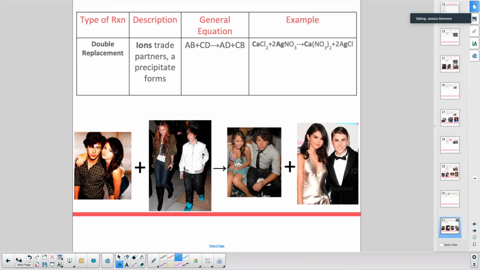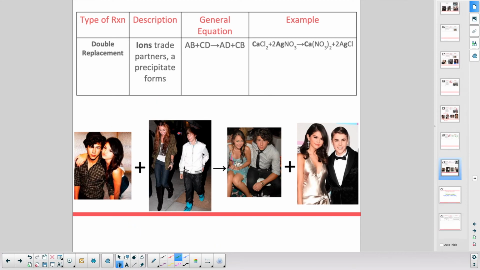All right, so here's your example, going old school. Selena and the Jonas Brother, and Miley and Justin Bieber. Our two metals have to switch. Remember I said you have to switch the metal with the metal. We can't switch the metal with the non-metal. Because what happens if we do? We switch the girl and the boy. Do we want to put the two boys together?